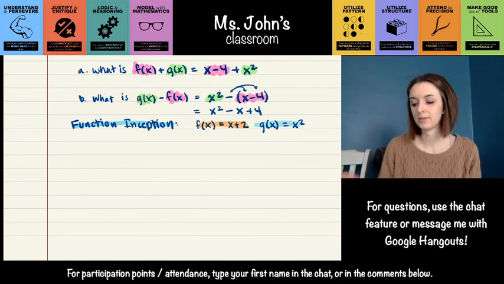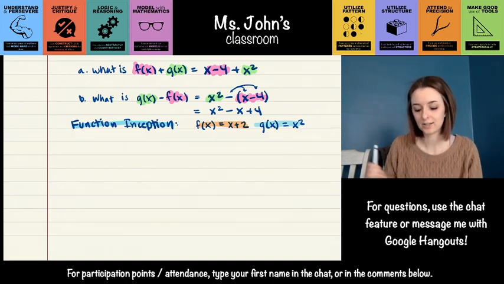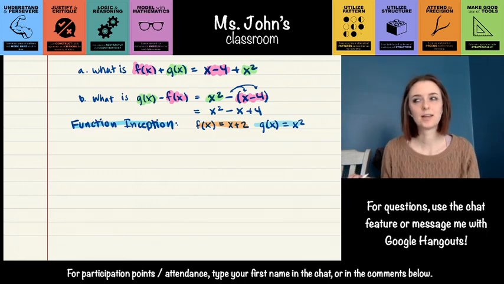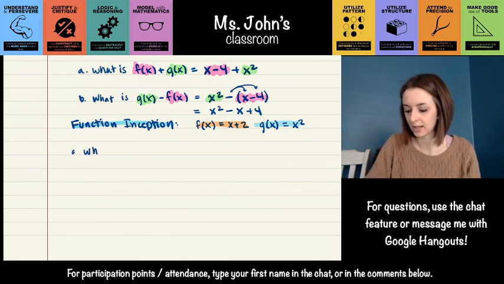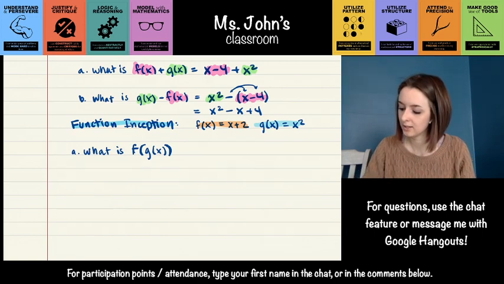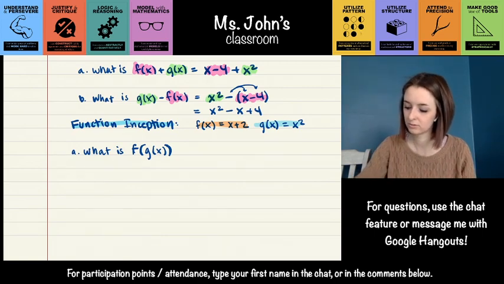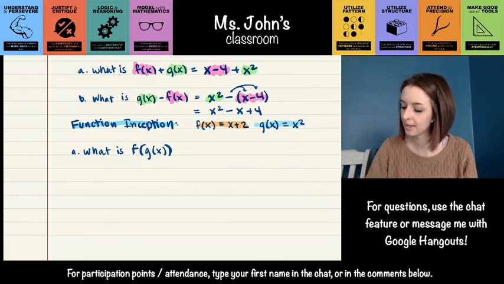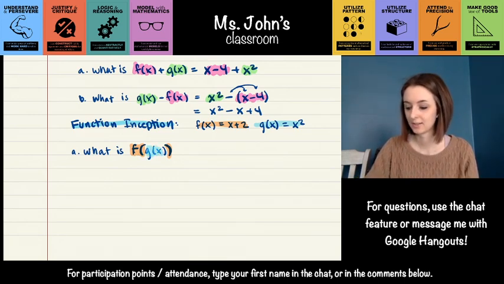Okay, so the way that you write a function inside of a function is that you're doing the same plugging in thing, except you're plugging in an entire function. So it will say something like, what is f of g of x? Which I know looks really intimidating, but notice that we have f of something, that's the f function, and then g of x.